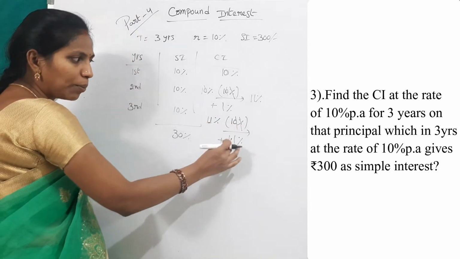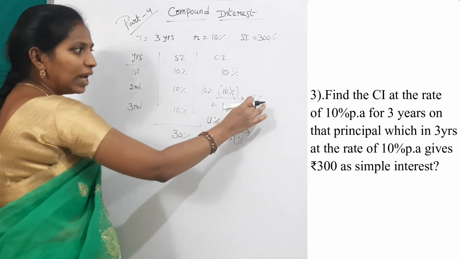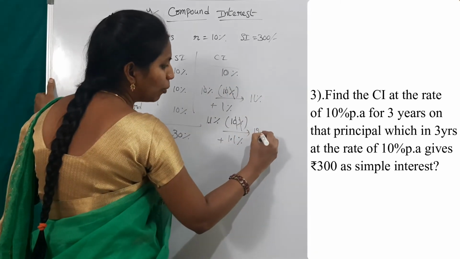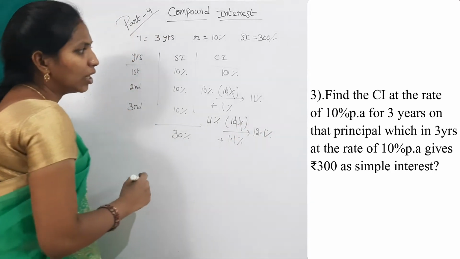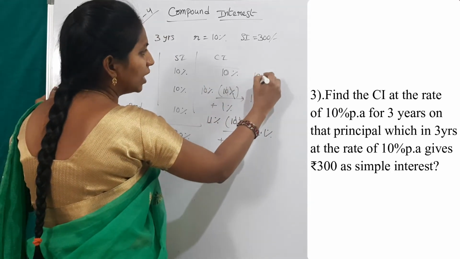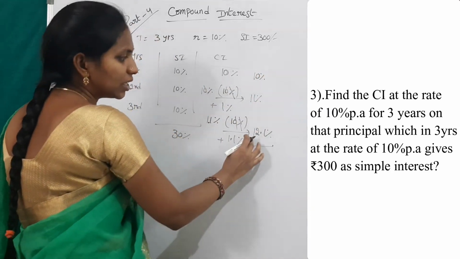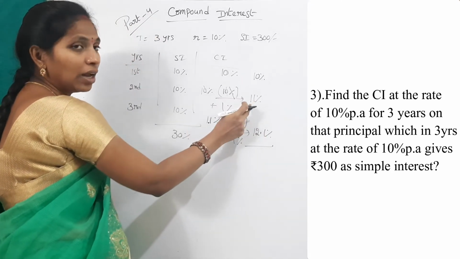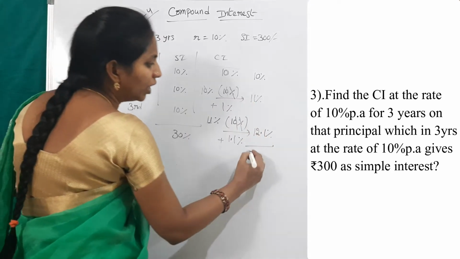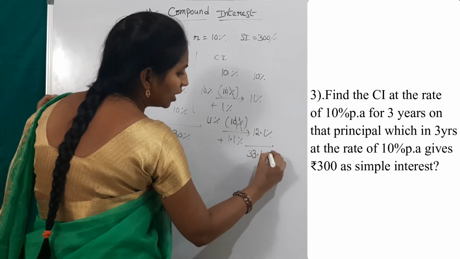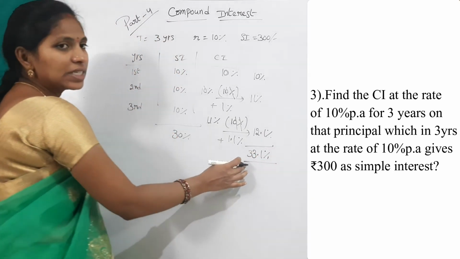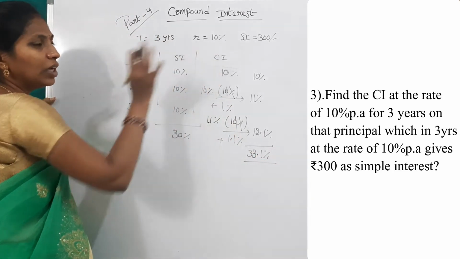Now add this 1.1% to 11%. So 12.1%. Now what is the total here? Initially 10%, 11% and 12.1%. 10, 21, 33.1%. It is for compound interest.